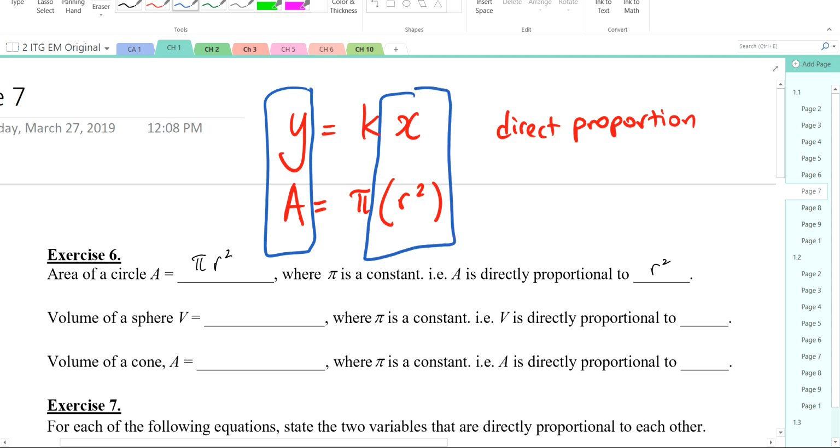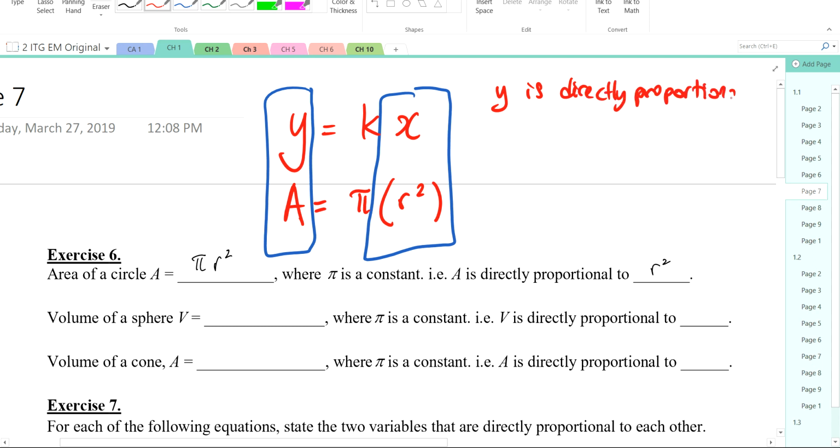So we say that in the first case, y is directly proportional to x. So in the second one, we say that A is directly proportional to r squared. Okay? Now let us fill in the others.